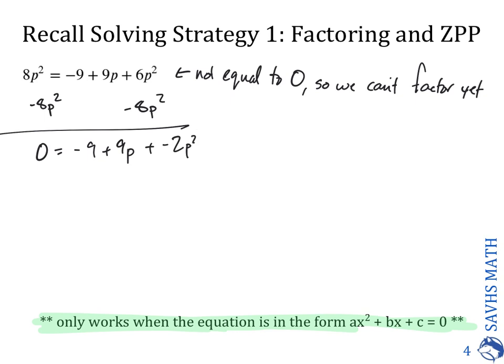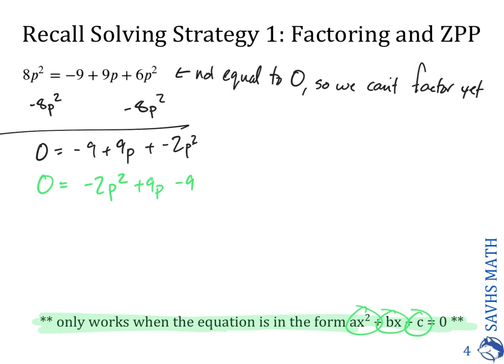I needed to subtract negative 8p squared. Sorry about that. Okay, now I have something that looks sort of like standard form, but I'm not quite there yet, because I'm not in the right order. So I'm just going to rewrite it in the order that I'm more comfortable with: 0 equals negative 2p squared plus 9p minus 9.